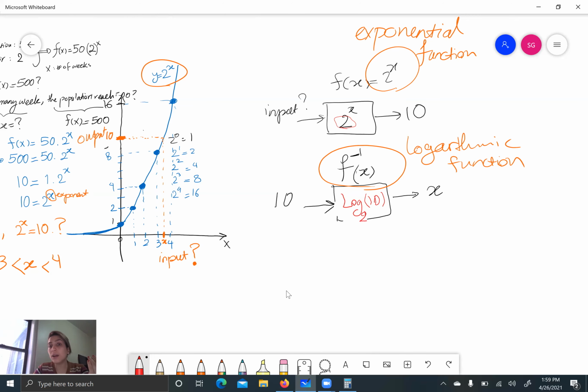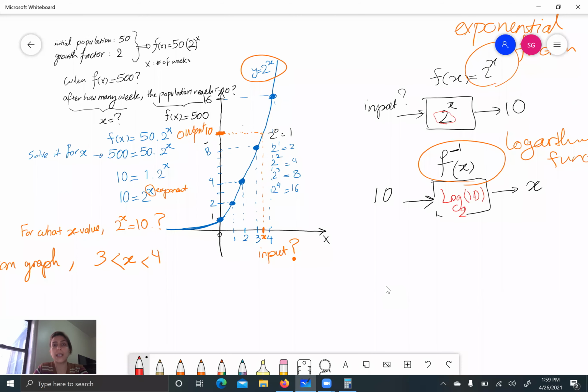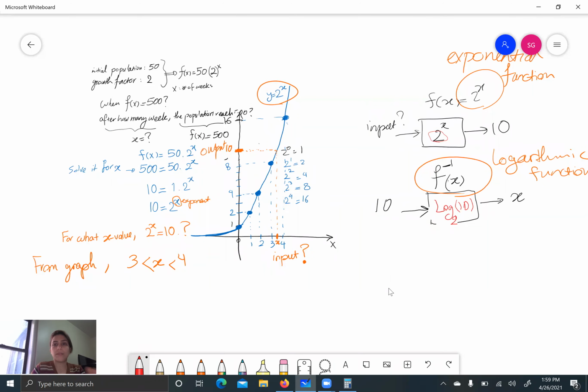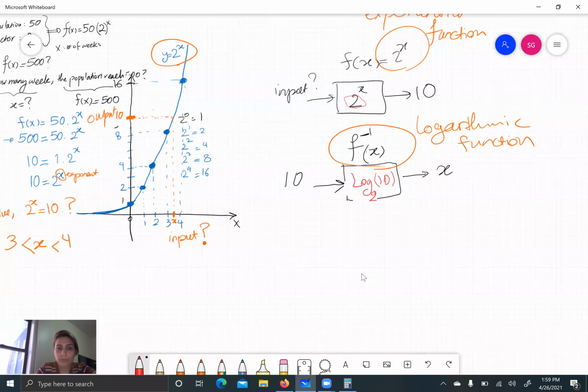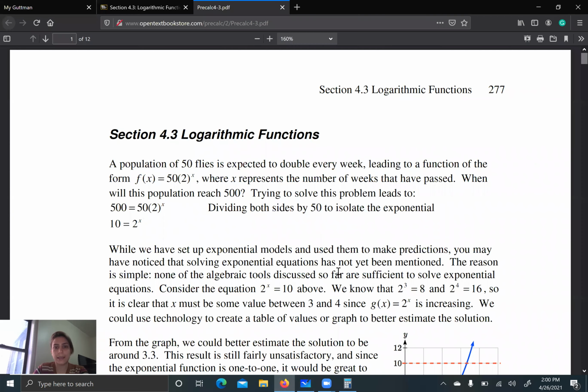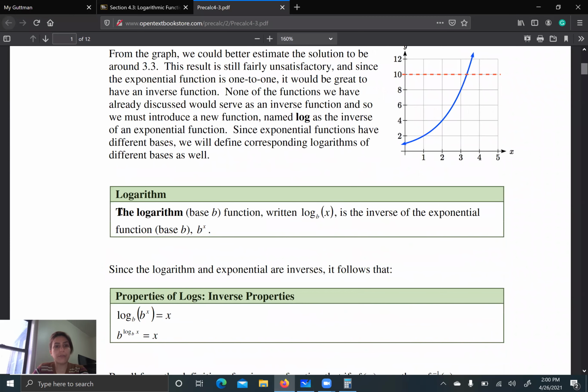Again, what is the logarithmic function? The logarithmic function is just an inverse of an exponential function. And we use this notation. So whatever is the base of that exponential function, the logarithmic function also has that same base. It just switches the place of input and output. It takes the output and it returns you the exponent. So that's the definition of the logarithmic function.